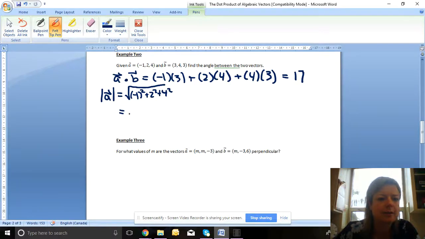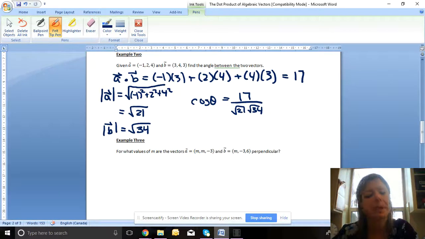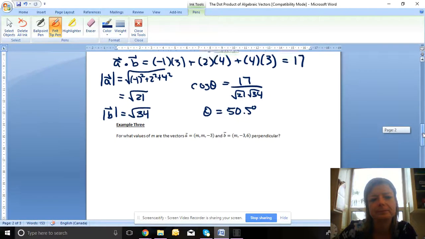So that gives us root 21. And using the same process, the magnitude of B is root 34. Okay, so then we have cos theta is equal to 17 over root 21 root 34. So notice I'm leaving these as roots because those are exact values. When you do the inverse of cos, you get approximately 50.5 degrees between those two vectors.